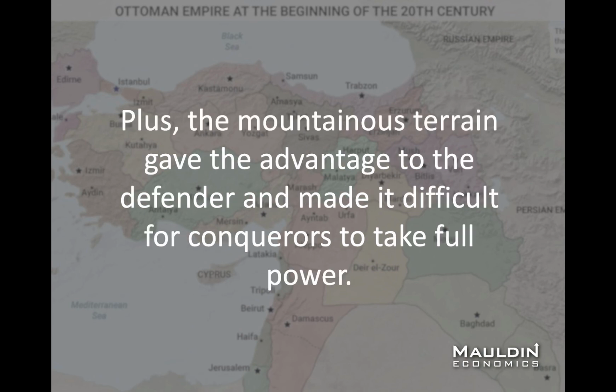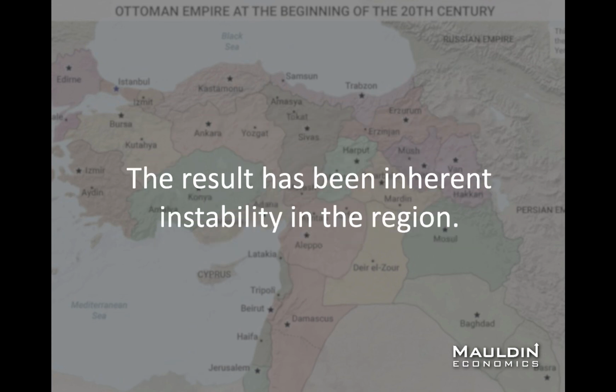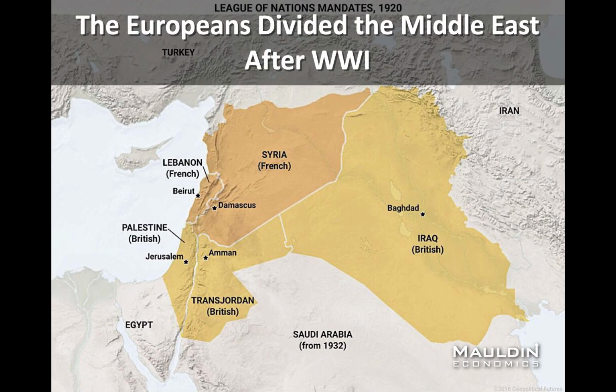So there was a great deal of subdivision and differences that occurred. The mountainous terrain also gave an advantage to the defender and made it difficult for other conquerors to take full power. The result has been inherent instability in the region for roughly 100 years.